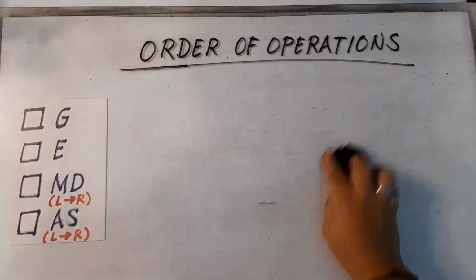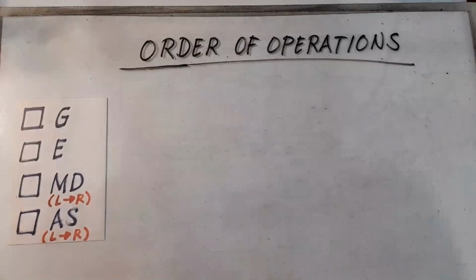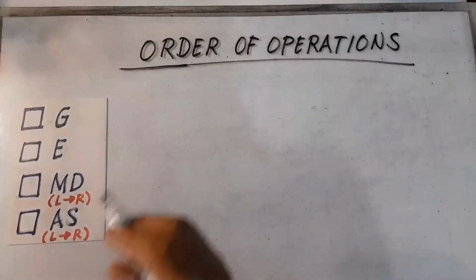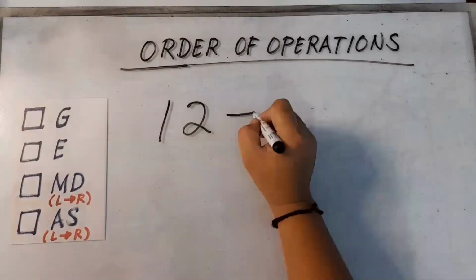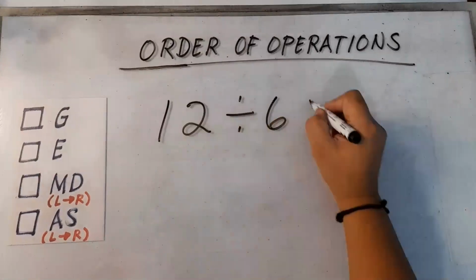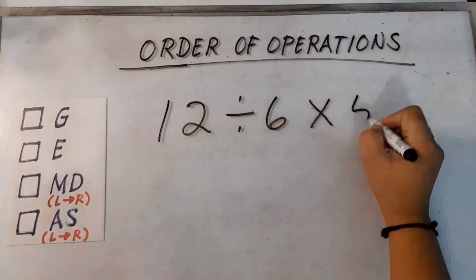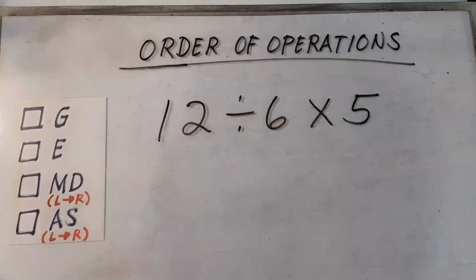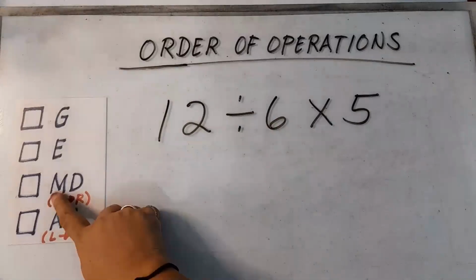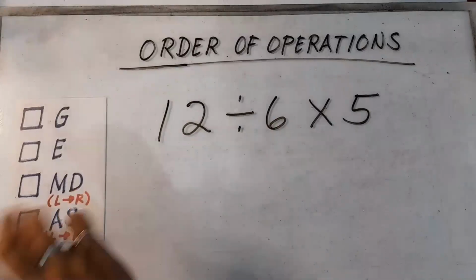Okay. Paano? Ganito yan. Paano kung halimbawa ang ibinigay sa inyo 12 divided by 6 times 5? Okay? Ma'am, multiply po muna. Okay. Hindi ganun yon. Hindi laging multiplication ang una.